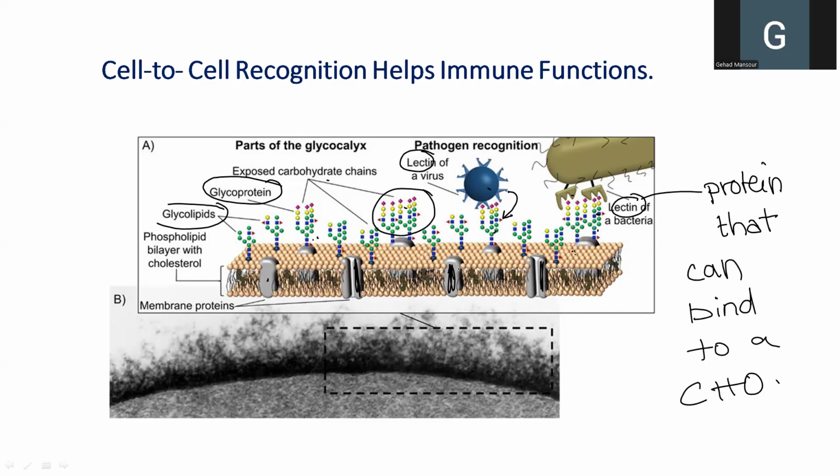And therefore, for a virus to be able to attack a particular target cell, that target cell should have the specific polysaccharide that binds with the lectin. And similarly for the bacterium. And it's interesting to know that, of course, we're talking here about immune cells.